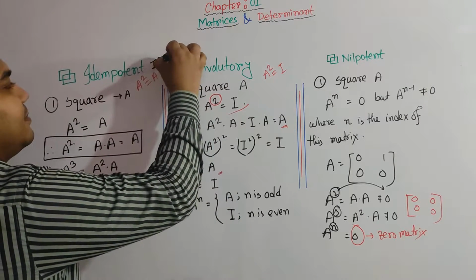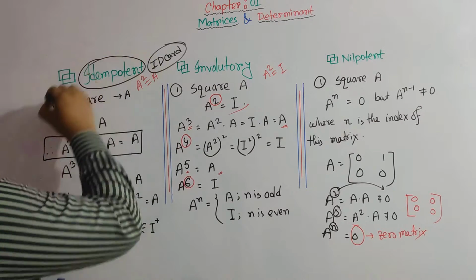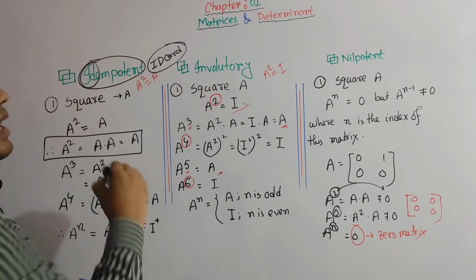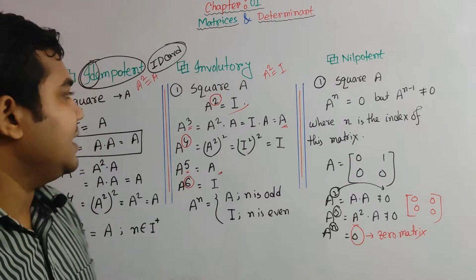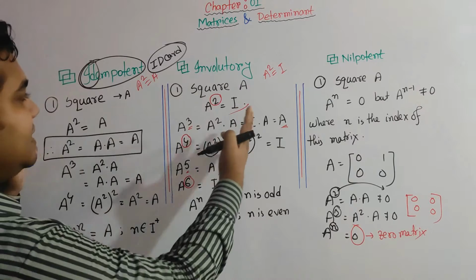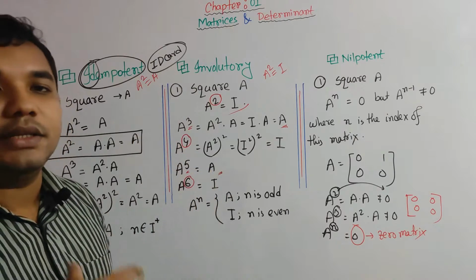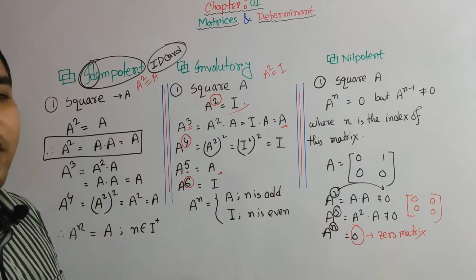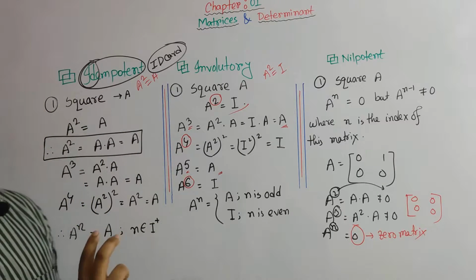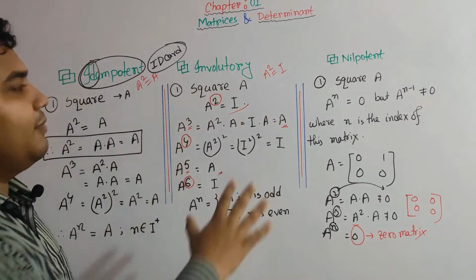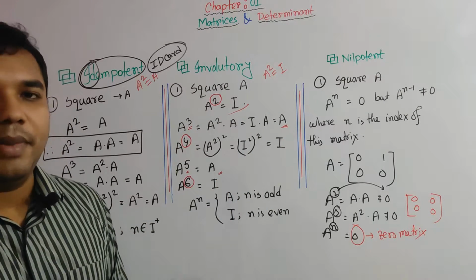ID means idempotent matrix, where ID means one's name, and your name must not change. That means A squared should be A. That means if we square, cube or take it to the power 4 or anything like that, we get that matrix back. That is why it is named the idempotent matrix. But in the case of the involutory matrix, it is I. So this is the basic difference between these two matrices. Clear?